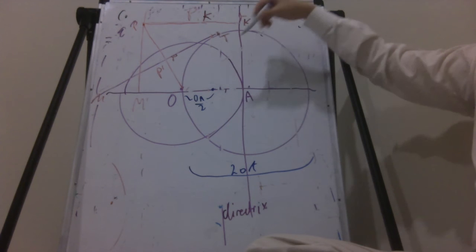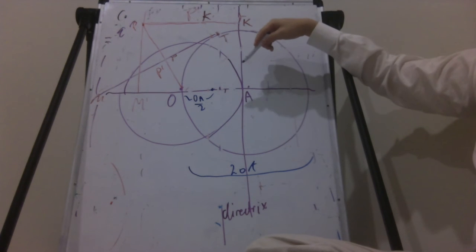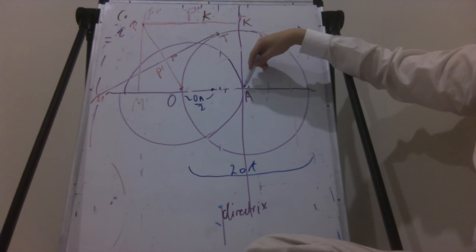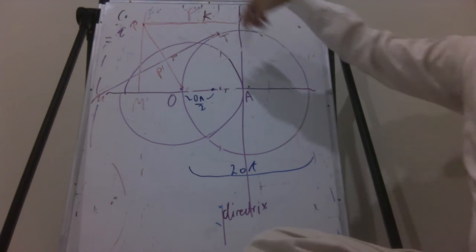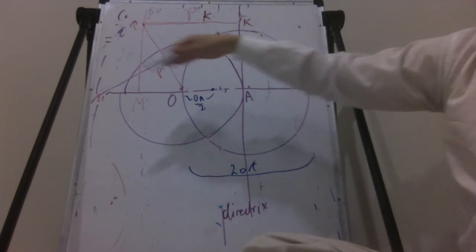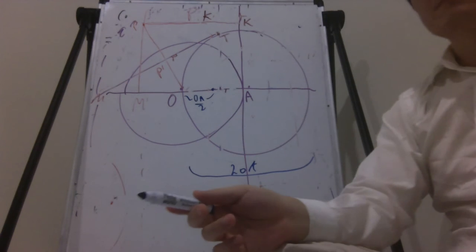Now, we know there's one point that's equidistant from O and the line here. For every other point, it's symmetric about this x-axis.